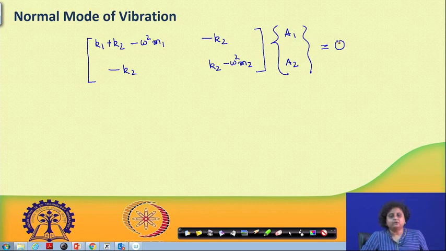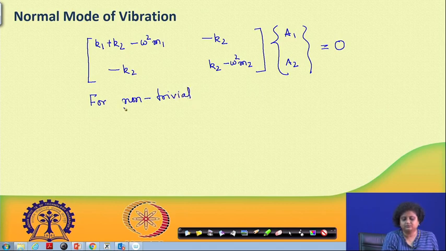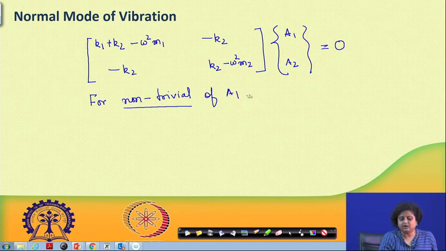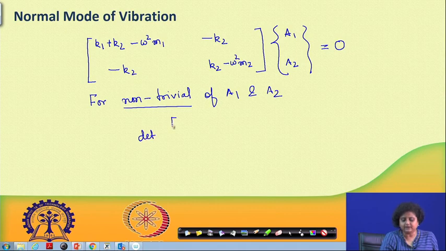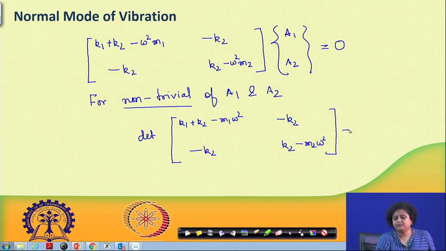Now, if we go back to our engineering maths, we can say that for a non-trivial solution of A1 and A2, I have to make the determinant of this matrix, k1 plus k2 minus m1 omega square, minus k2, minus k2, k2 minus m2 omega square, equal to 0.